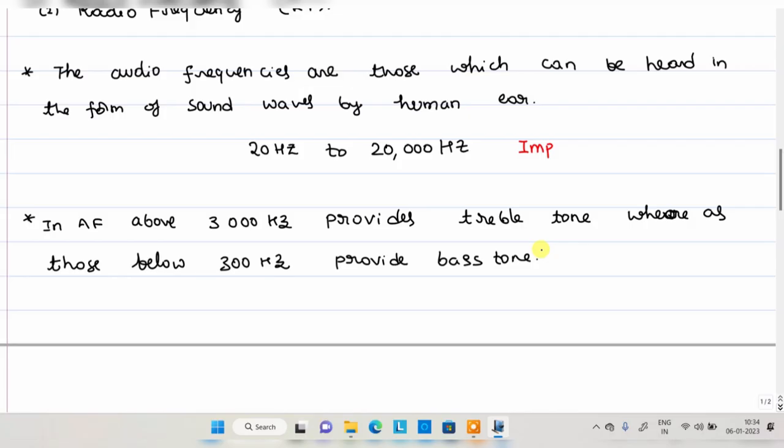Okay, so the ranges, soft tone or bass tone, are based on the frequencies.